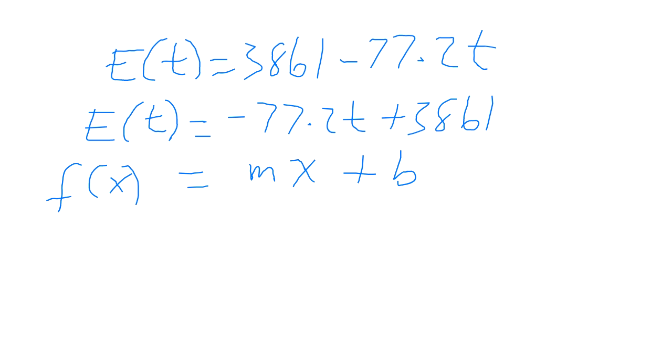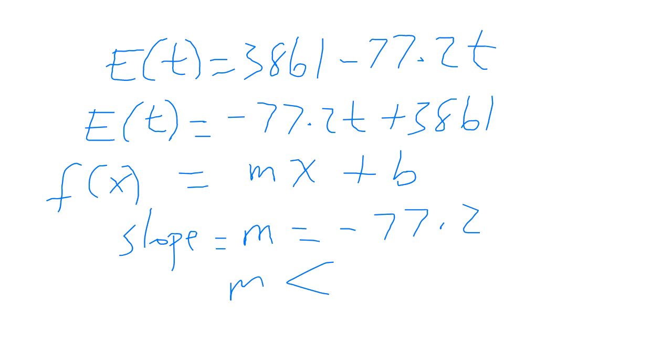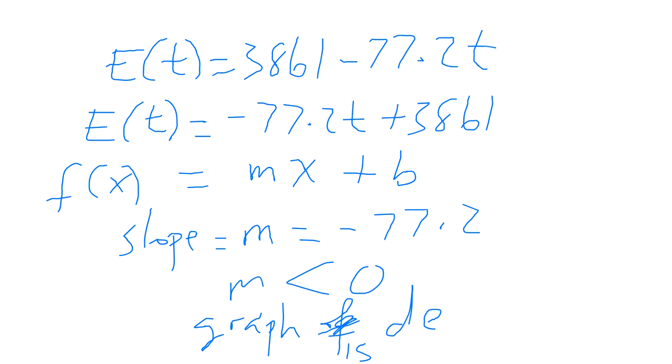What is my slope? Negative 77.2. So slope m is less than 0. It's a negative number. So it means the graph is decreasing.